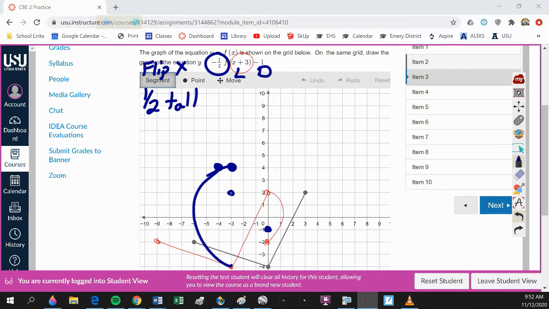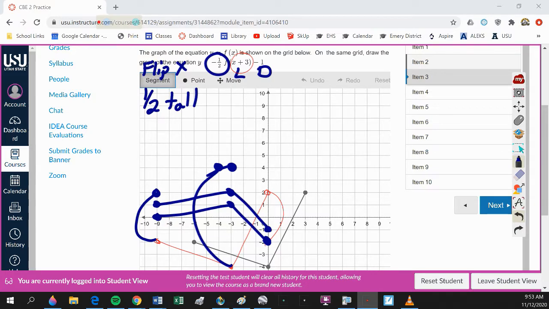And then we cut it in half to there. And then this one flips to there, and then we cut it in half to there. And now I shift the whole thing down 1. Now, if you are a visual person, that made a ton of sense. If you're not a visual person, your head almost exploded.